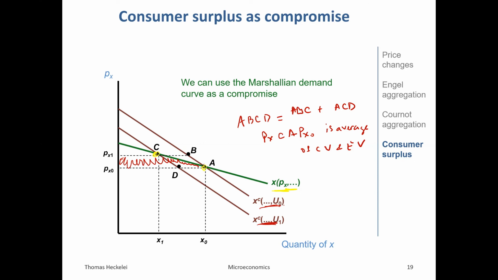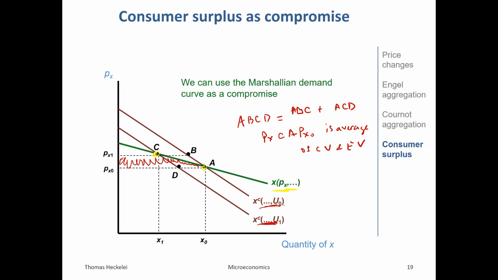However, it's not only because it saves us from making some choice that we prefer it more than a compensated demand. Another important reason that we should keep in mind is that empirically, Marshallian demand, which has I, income, as an argument, is easier to observe than the compensated demand, which has U as an argument. We already know that U is a very abstract concept and hard to measure, right?